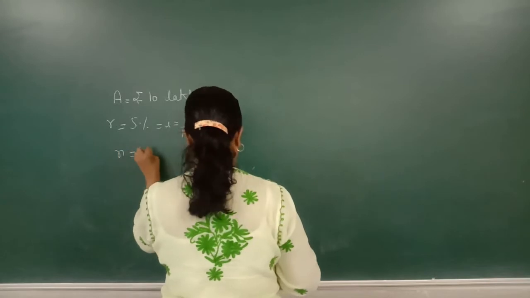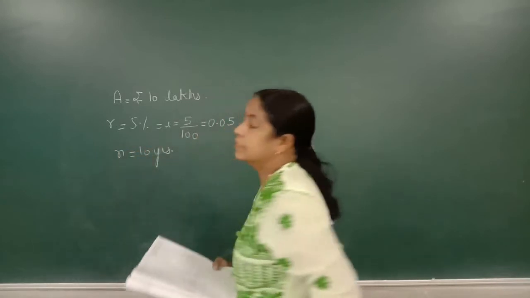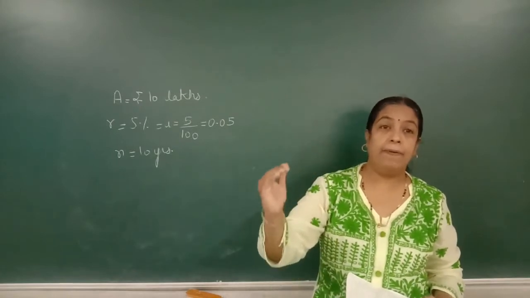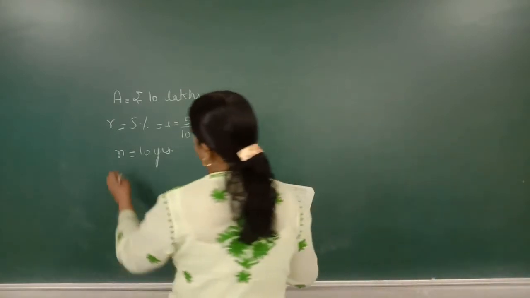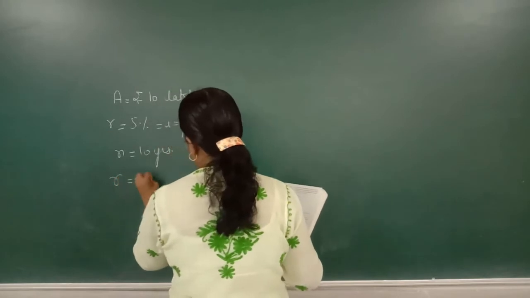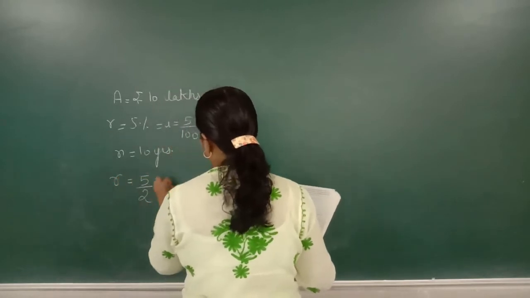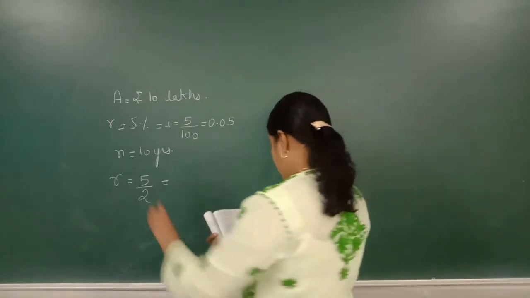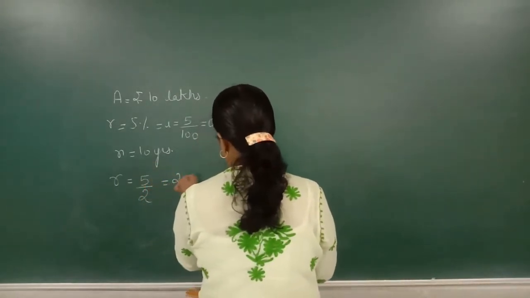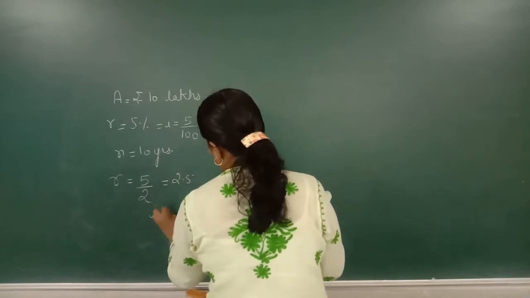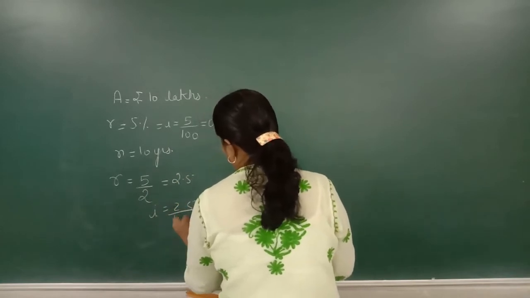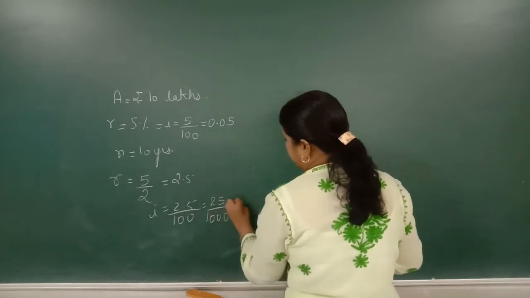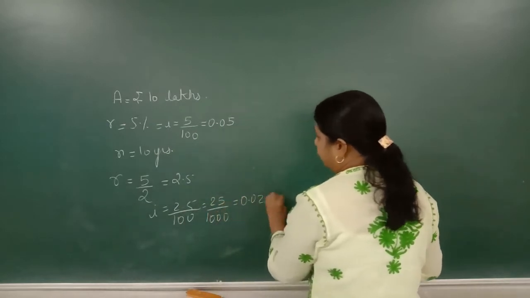N is equals to 10. And what we want to find, how much he should set aside biannually. But biannually means here R will be equal to 5 upon 2, because 5% is per annum. So it will be 2.5. So I will also change now 2.5 upon 100, that is 25 upon 1000, that is 0.025.